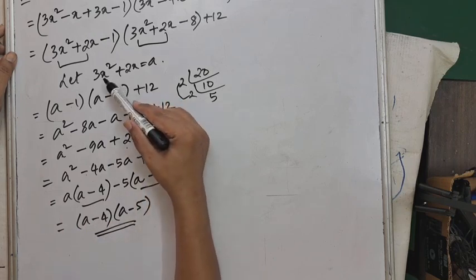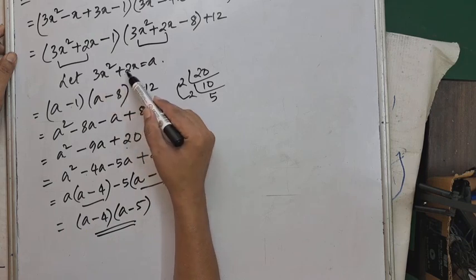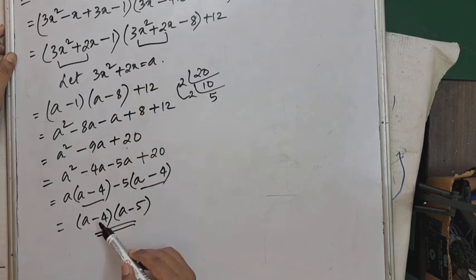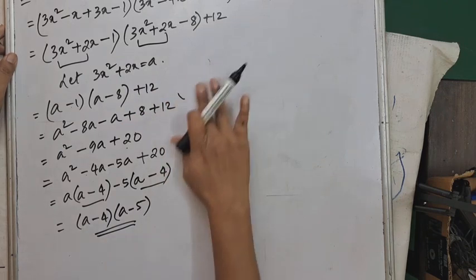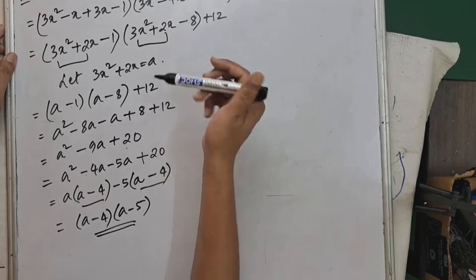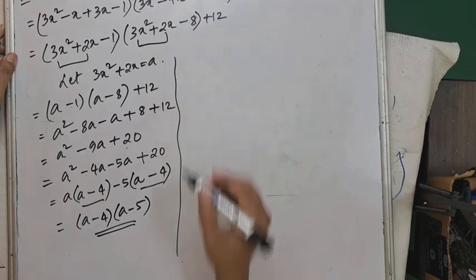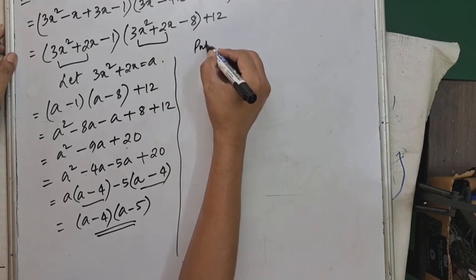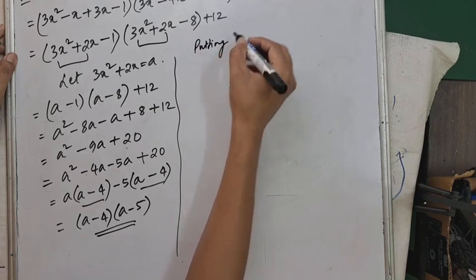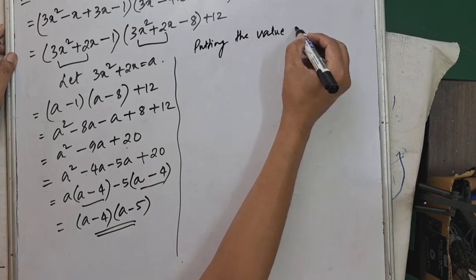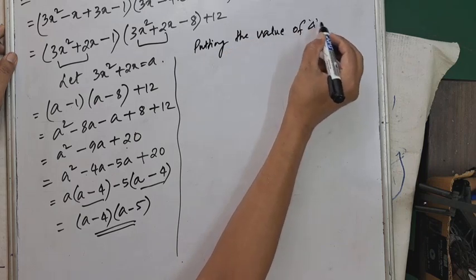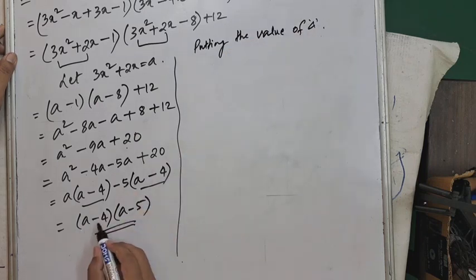But we had supposed 3x square plus 2x as a. Now what we need to do is we have to put the value of a again and proceed to find the answer. Okay, putting the value of a. So we have a minus 4.